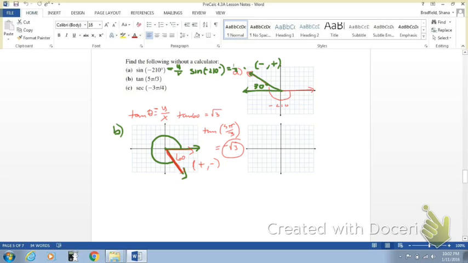Part C, the answer to that one is going to be negative square root of 2. Again, go ahead and use your calculator just to at least check your answer. Don't forget that if you're in degrees, you need to be in degree mode, and if you're using radians, you need to be in radian mode.